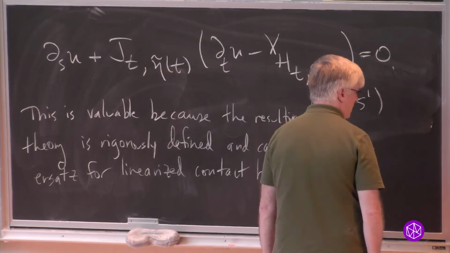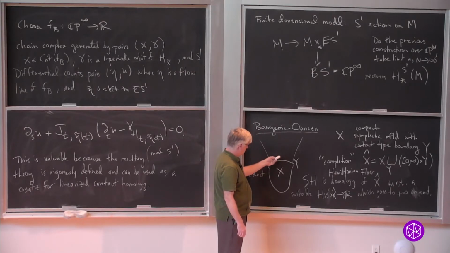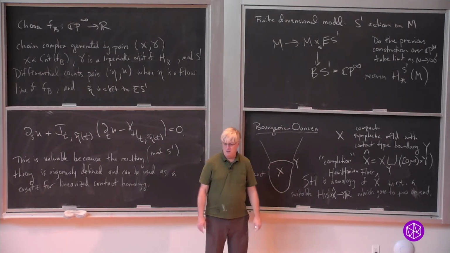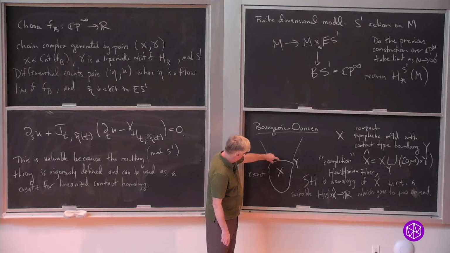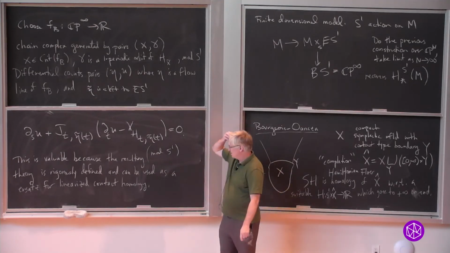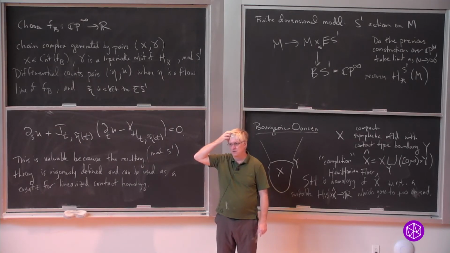So linearized contact homology is generated by Reeb orbits of the contact form. The differential should count holomorphic cylinders in R cross Y. And then you have to add some correction terms involving holomorphic curves that go into X. And I'm not sure if there's a rigorous definition of that.